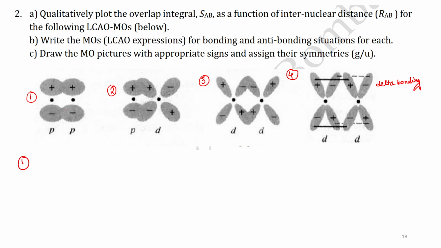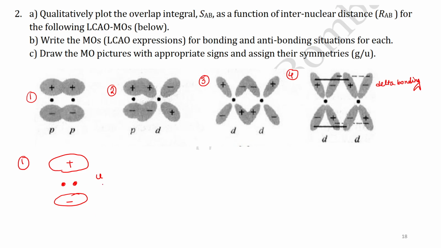So all positive, positive, negative, negative. The MO will look like a big positive and a big negative. There are two nuclei. What is the symmetry? The symmetry is ungerade, u. Okay.